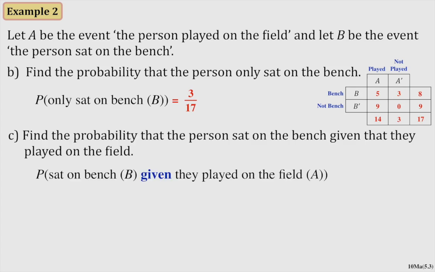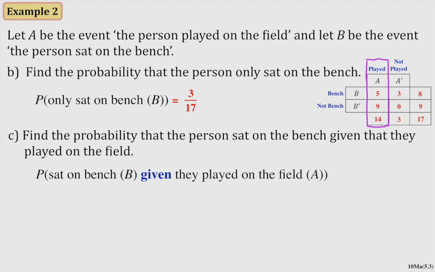Let's look at part C. Find the probability that the person sat on the bench given, there's that word, given that they played on the field. So they sat on the bench given they played on the field. So we know, we're guaranteed that they played on the field, which means we are dealing with this column here, because that's the column that represents people that played.